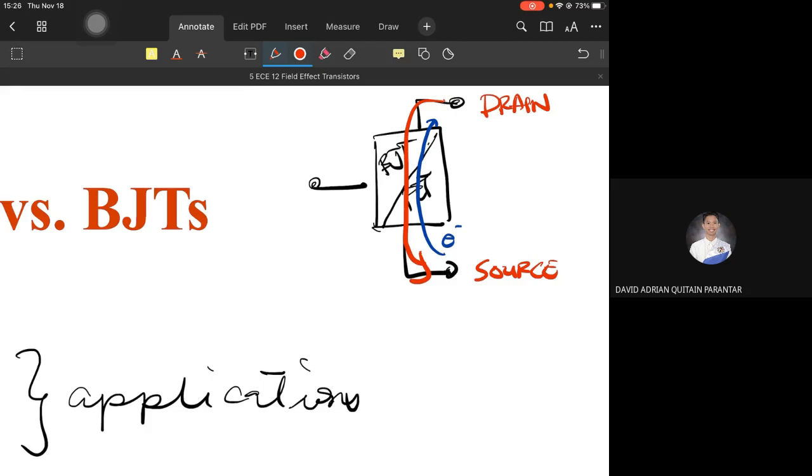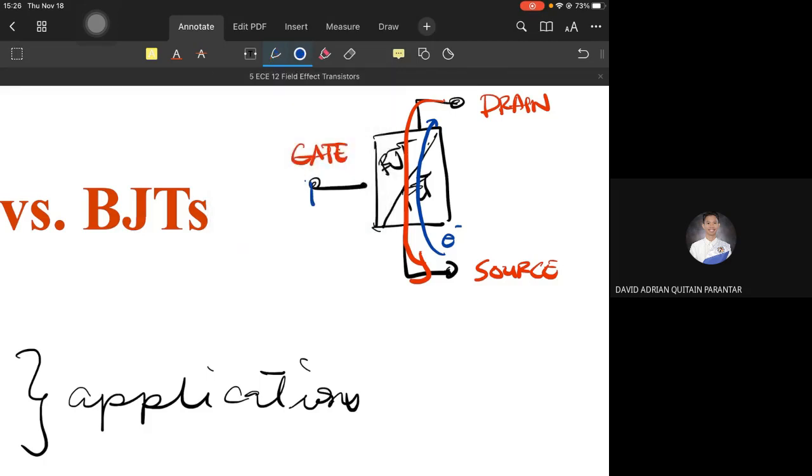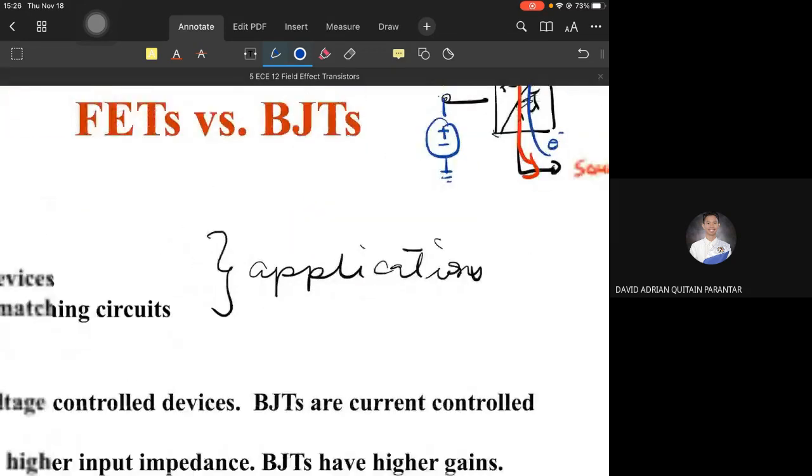But the difference from the BJT is that we do not apply current to this terminal. We call this terminal the gate, the controlling terminal of the FET. For the FET, we do not need to apply current to the gate, but we should connect it to a voltage source. So that is the main difference between the BJT and the FET.